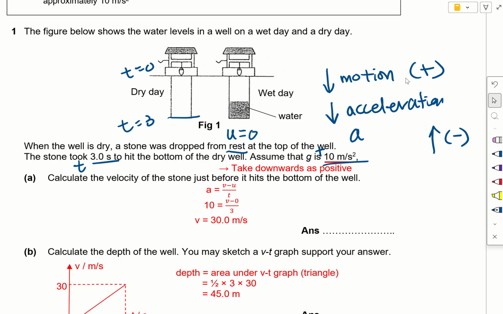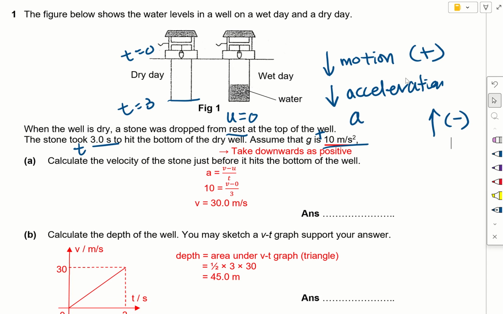So sometimes the question may give you that value. Sometimes you can decide for yourself, alright? So in this case, we take downwards as positive.